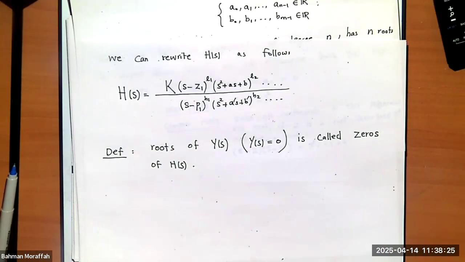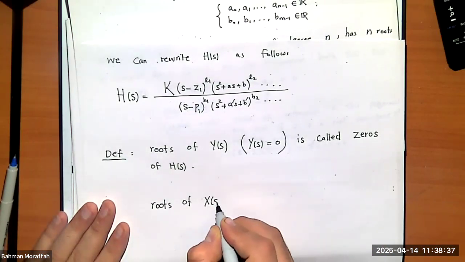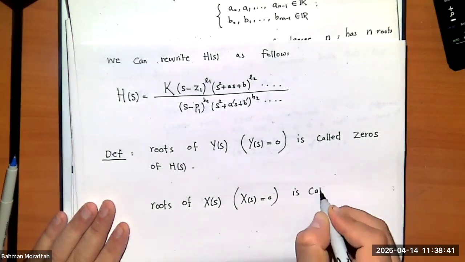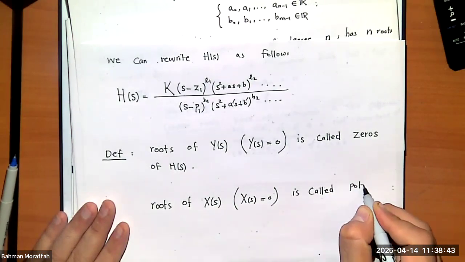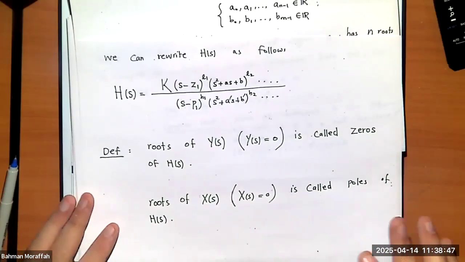The roots of x of s, which is the denominator, are called the poles of this h of s. So roots of x of s are called poles of h of s.